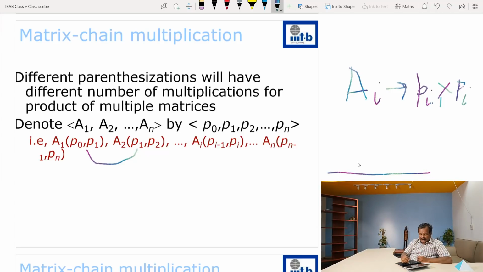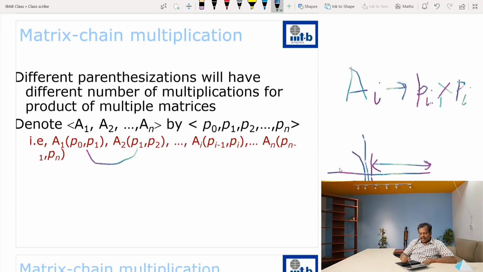So I can put a parenthesis here and decide to matrix multiply these matrices first, and then decide to multiply the rest of them. Let's say that I break this at the location k. So if I define P of n to be the number of ways of multiplying n matrices, then this k can be anywhere from 1 to n minus 1.